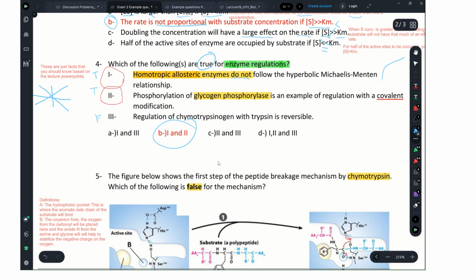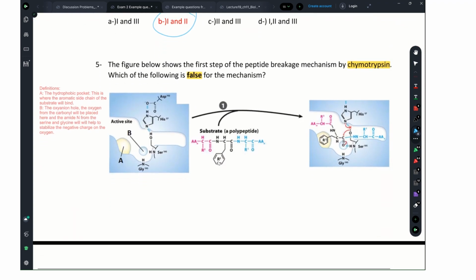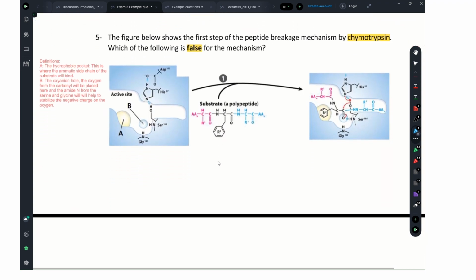And then number 5, the figure below shows the first step of the peptide breakage mechanism by chymotrypsin. Which of the following is false for the mechanism? So right here on the left, I added some definitions for you. A, the hydrophobic pocket.